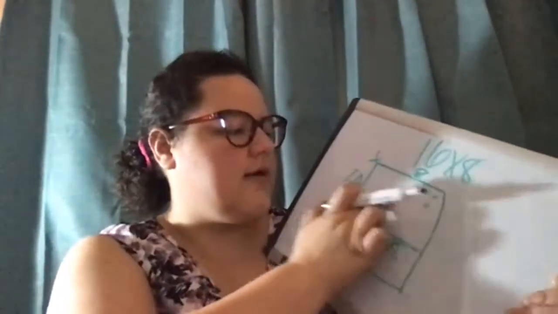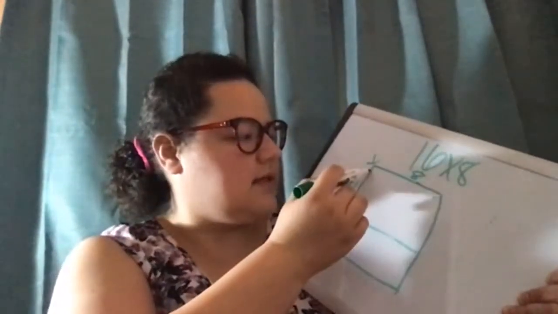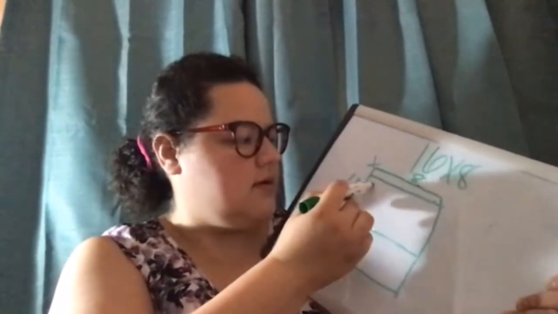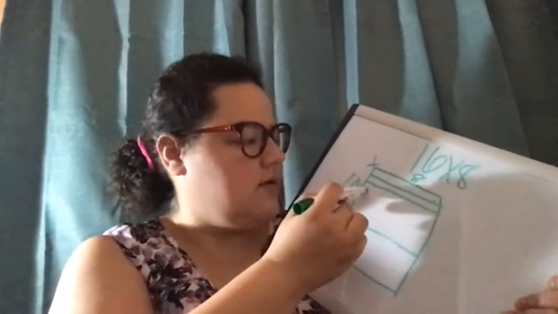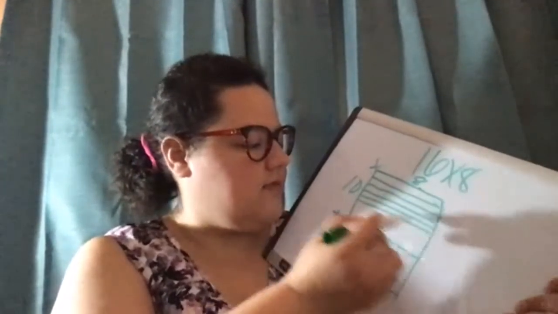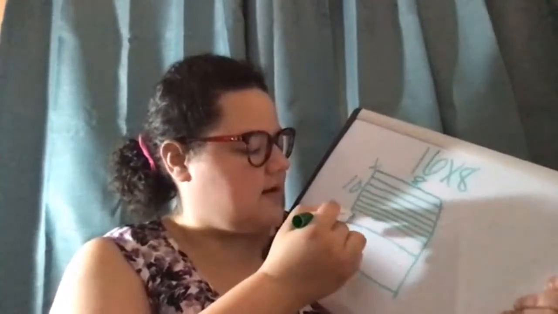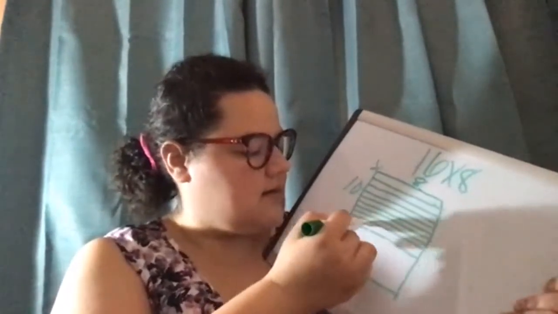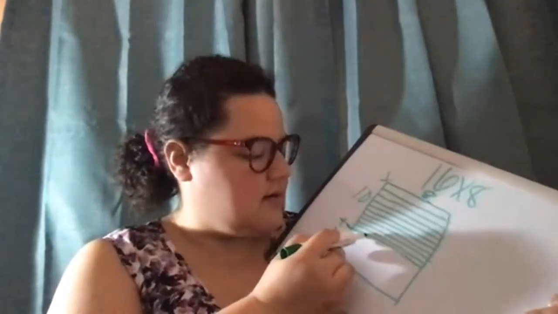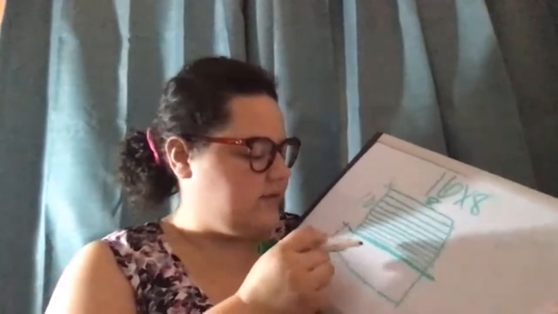If you're doing it on graph paper, you would just count out your 10: 1, 2, 3, 4, 5, 6, 7, 8, 9, 10. I'd make this line a little more bold so that you can see the difference.